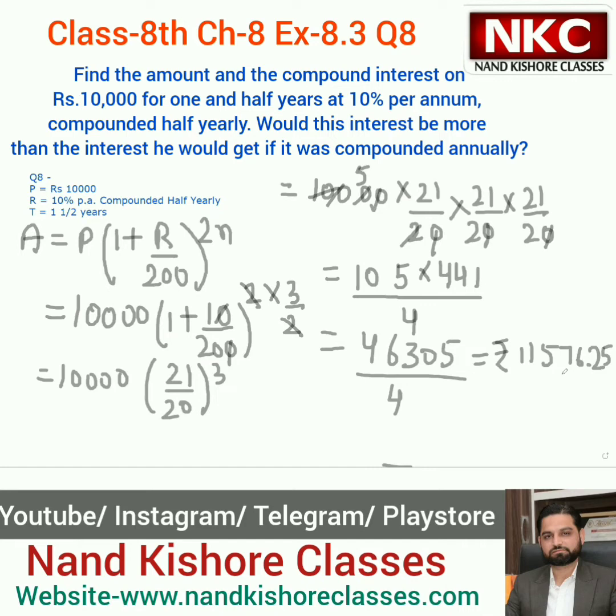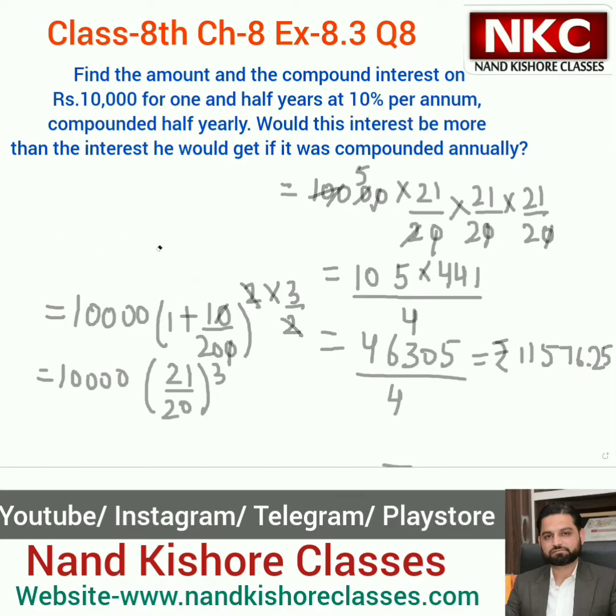So the first part, the amount in this case, is 11,576.25. Now, they have told us to find the compound interest as well. How will we find compound interest? Let me show you. The formula to find compound interest is amount minus principal.